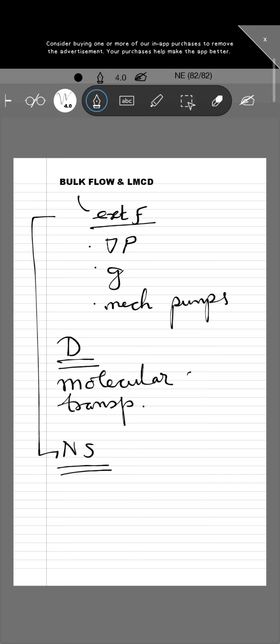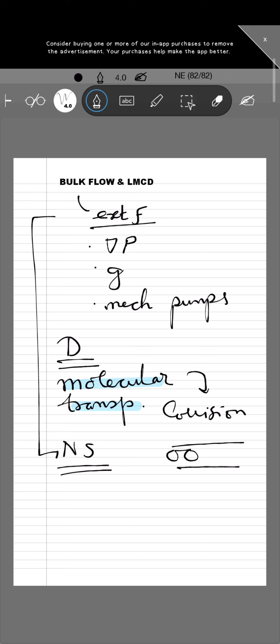Now, in the case of molecular transport, since the molecular aspect of the fluid is considered, collision is an important aspect of molecular transport. Whenever a fluid is moving through a duct or any passage, the molecules may collide with each other.